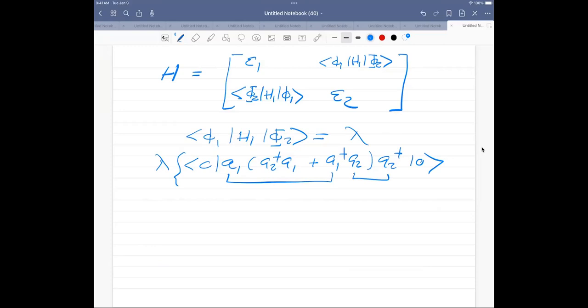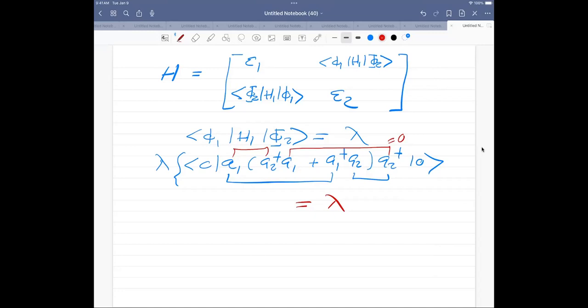The second term, however, gives 0. So the one which I mark in red here, that brings A1 to A2, which is 0. So that's 0. And then I have A2 with A1 here, which is also 0. So the only term which survives here is actually this one. And you see now that this is just equal to lambda.